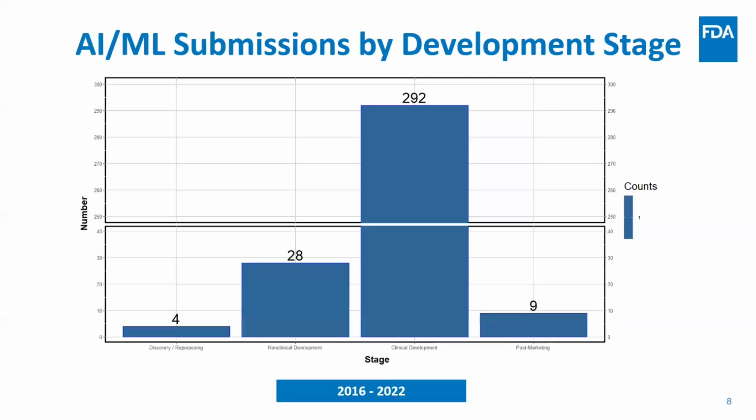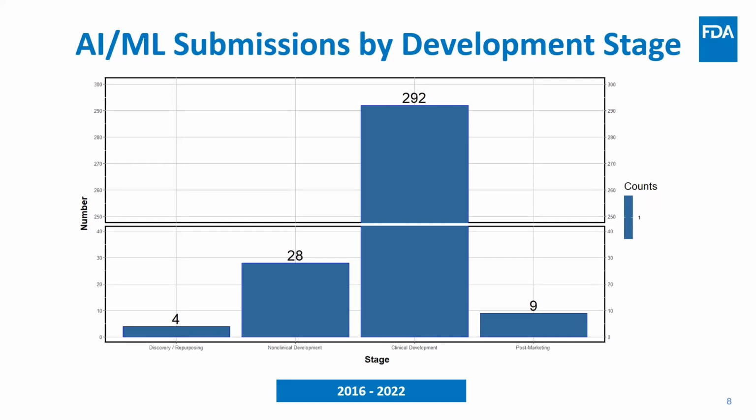If we break down by development stage, we can see a lot of the AI machine learning submissions are in clinical development. But I want to clarify that this pretty much underestimates the trend, because a lot of the studies in the drug discovery stage are not here. You know AlphaFold, right?